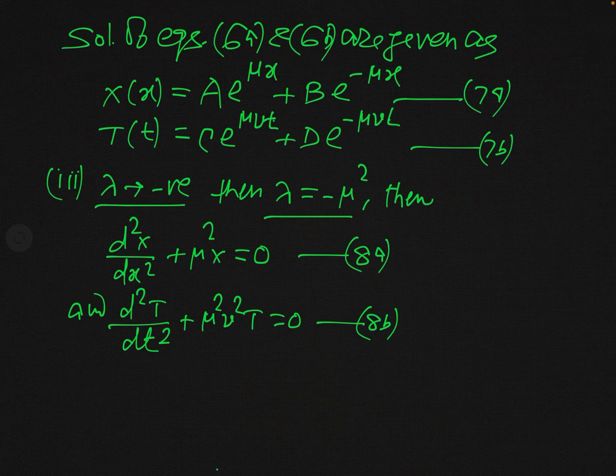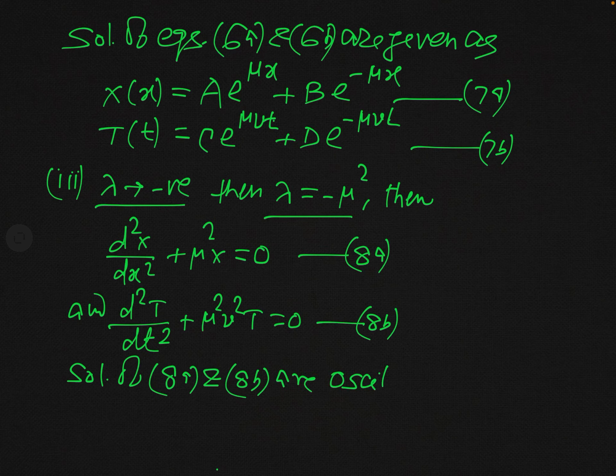So definitely the solution will be an oscillatory function, and this oscillatory function in its most general form is written as e raised to the power plus minus i mu x, or you may write its solution as a combination of sine and cosine functions. So the solutions of 8a and 8b are oscillatory.